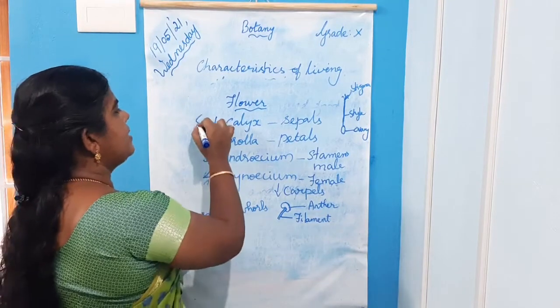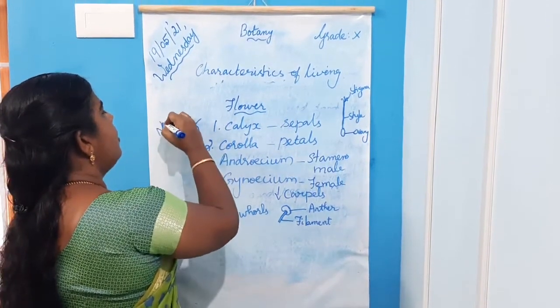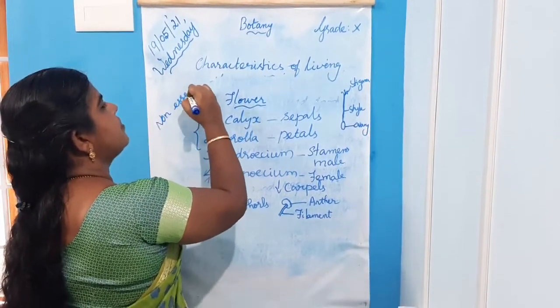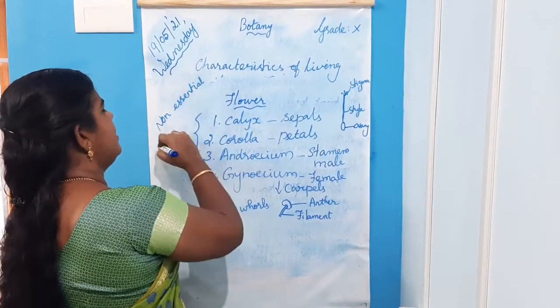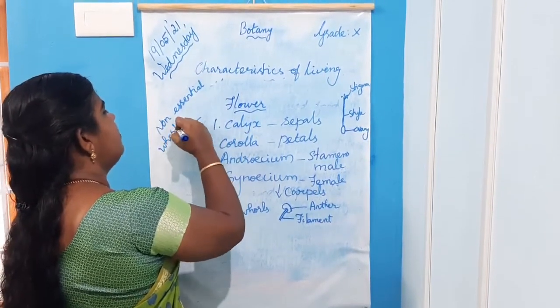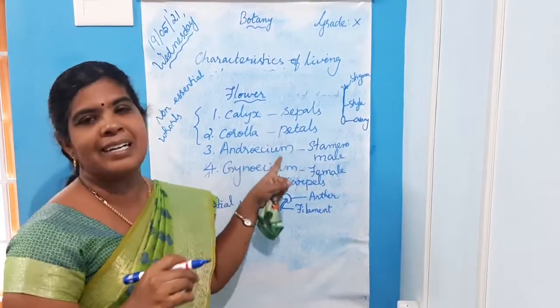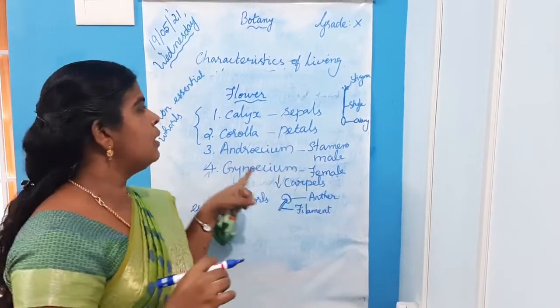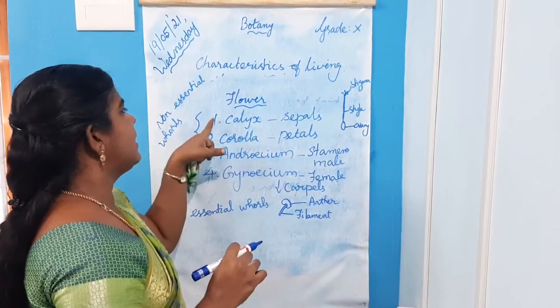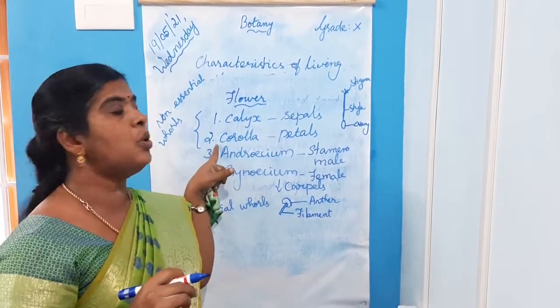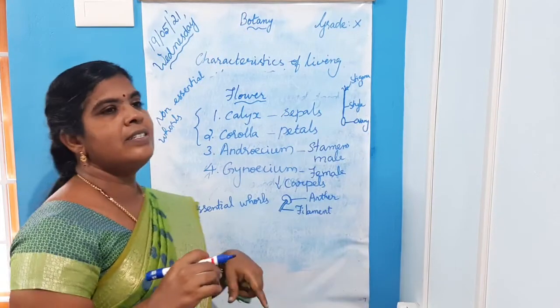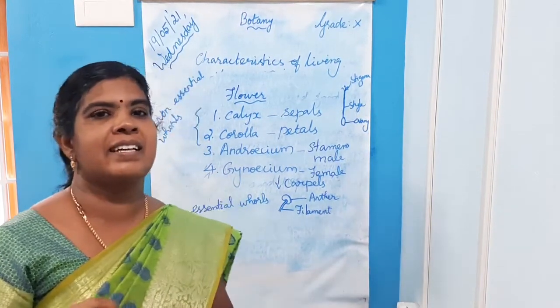But calyx and corolla are non-essential whorls of the flower, because these two do not take part directly in reproduction. They are called non-essential or accessory whorls.